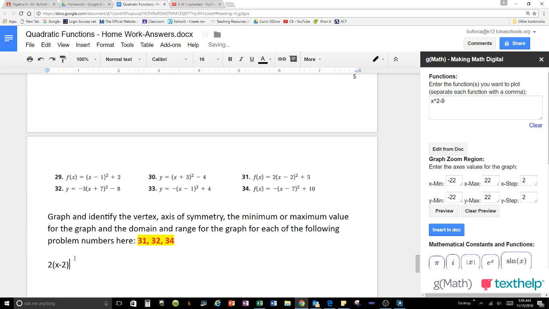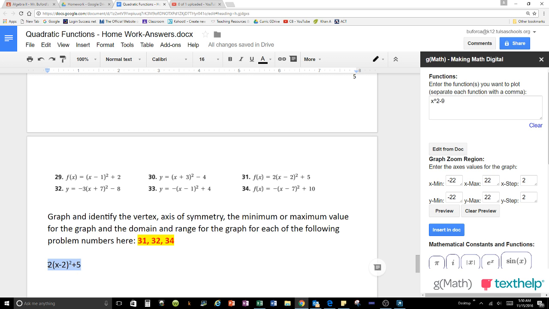We hit control period 2, control period. Then we say plus 5, and that plus 5 is going to shift the parabola up 5 units on the y-axis. So that means that our k value is 5, and our h value here is 2.